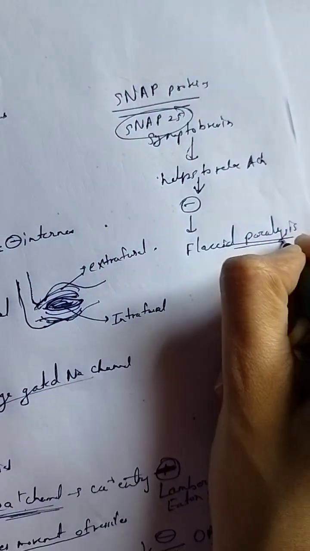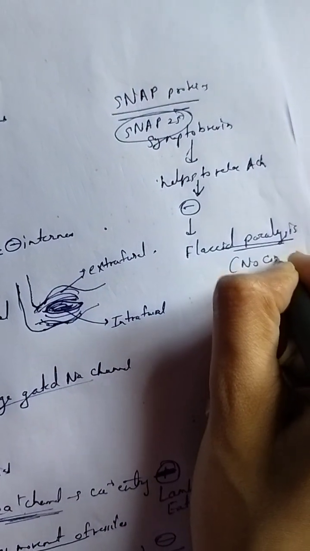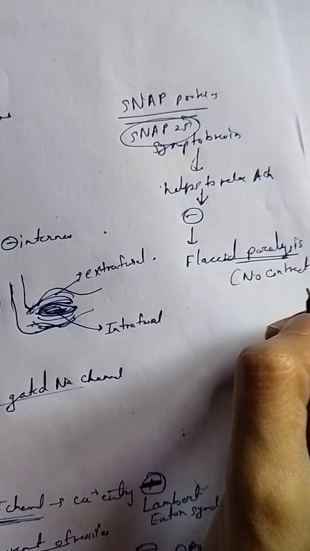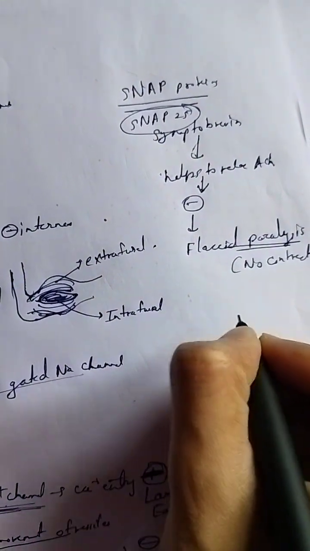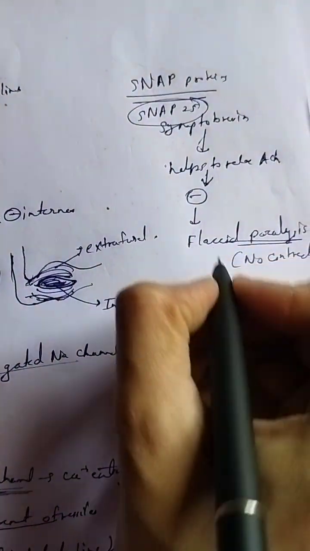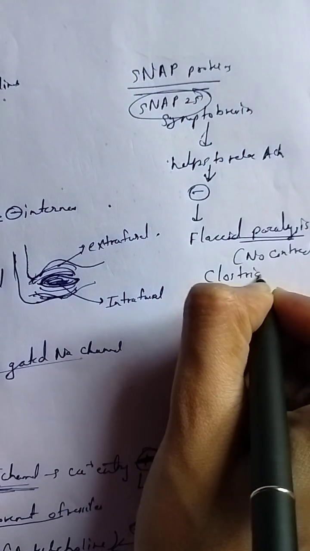What is flaccid paralysis? It means no contraction of the muscles occurs, and this is due to Clostridium botulinum.